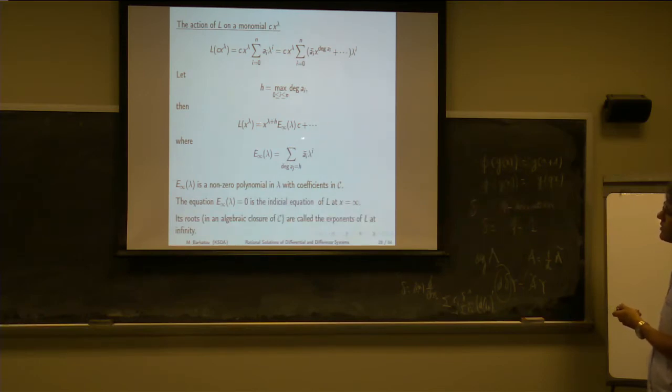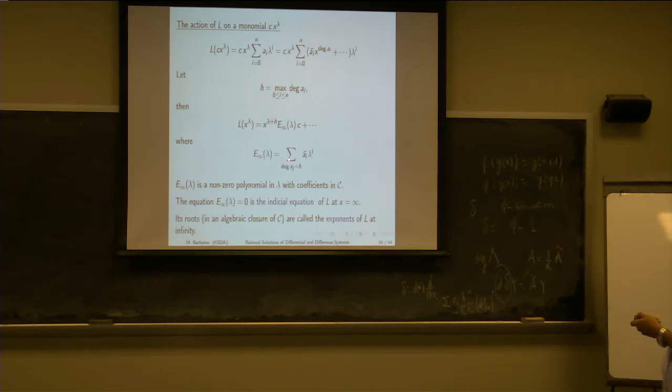Its dominant term is of this form, x^(lambda+h) times some polynomial e_infinity(lambda) times c, and the dots stand for terms of lower degree. And this e(lambda) is exactly given by this formula, so you get it immediately from the equation.